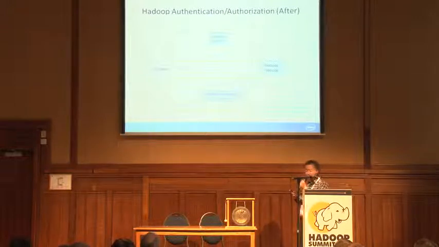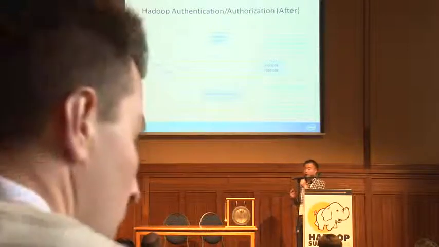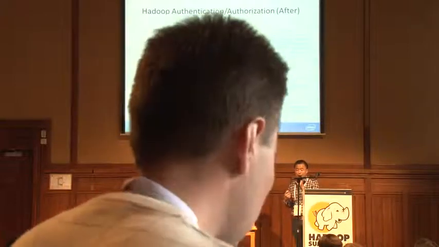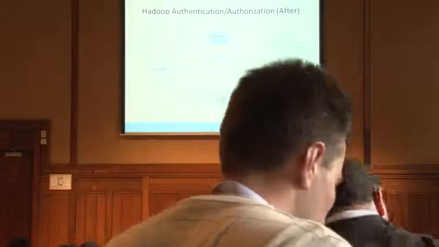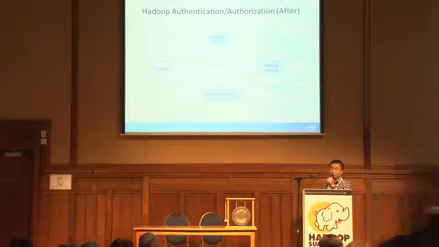And since we have an authorization server, unified authorization can be done here. And fine-grained authorization in the Hadoop service, we also support it. But since we can get more information about the user, we can do better fine-grained authorization.